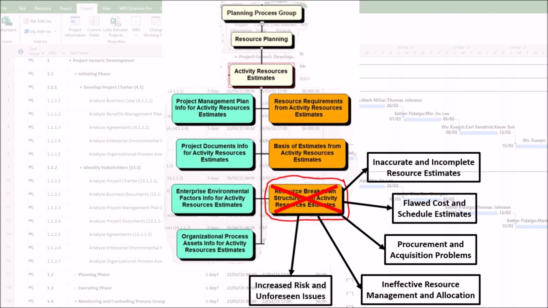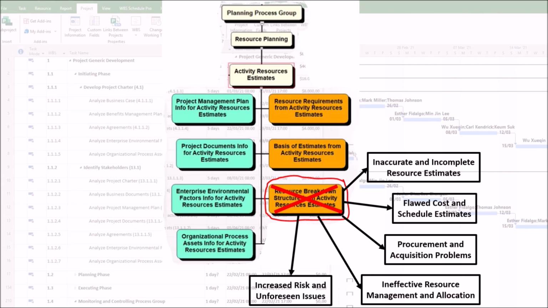5. Increased risk and unforeseen issues. A poor resource breakdown structure is a significant project risk in itself because it hides problems until it's too late, as follows. First, scope creep via hidden resources. New resources that were not identified in the resource breakdown structure will appear to be out of scope, leading to change requests, budget fights, and stakeholder dissatisfaction.